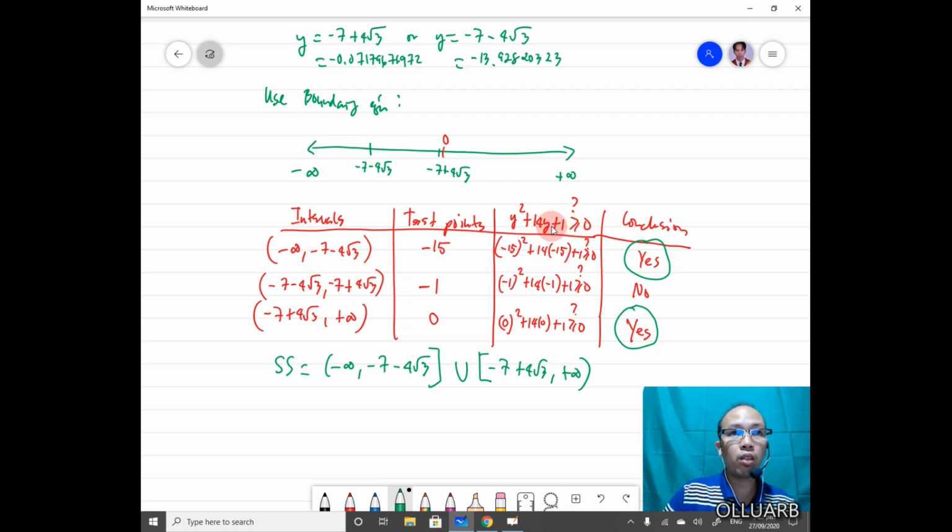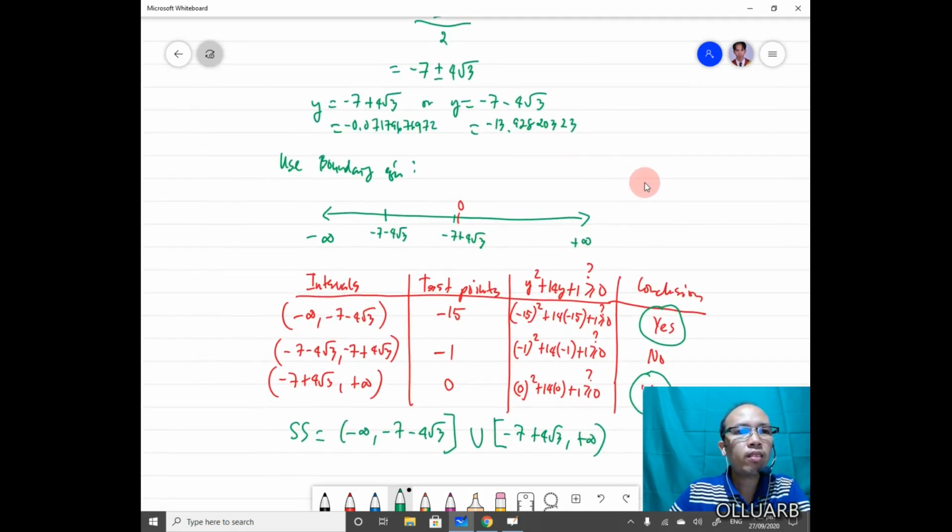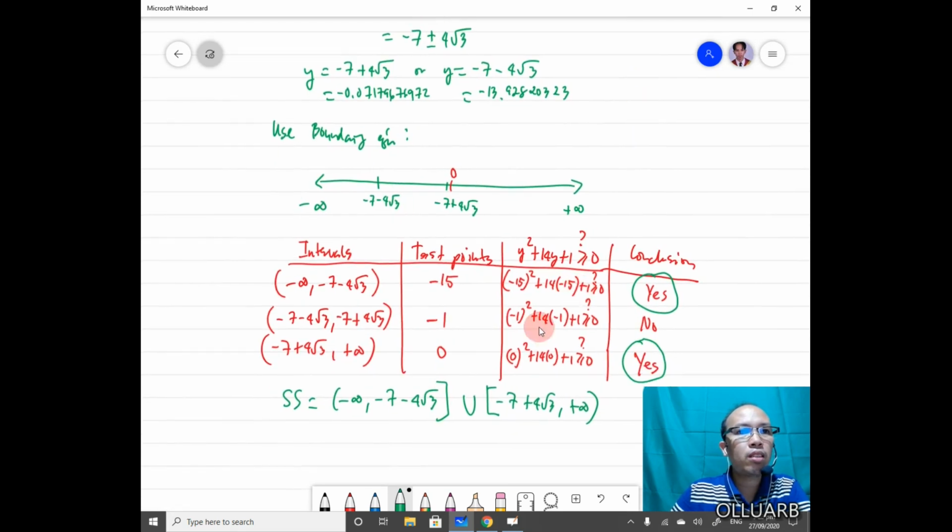If you equate it to 0, this is a root, so 0 must be greater than or equal to 0. That's why we include the endpoints. The same is true for the other value. Notice that 0 is included in this interval, so we have to be careful.